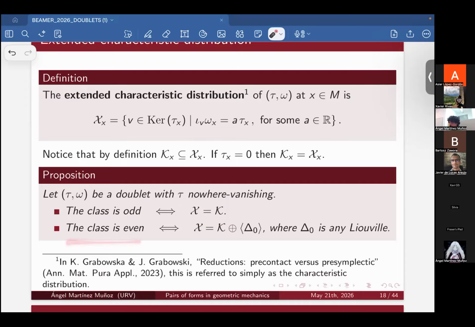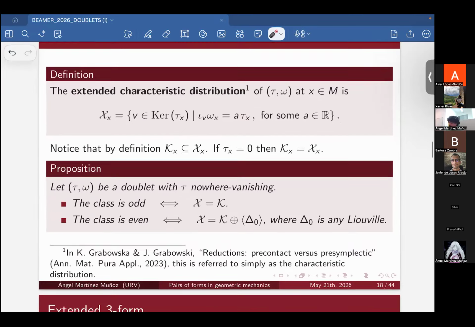And the class is even if and only if this extended characteristic distribution is the original characteristic distribution we described plus the span of the Liouville vector fields, which is basically what this is telling you. So either this A is 0, or there's some Liouville vector field that is generating a number there.